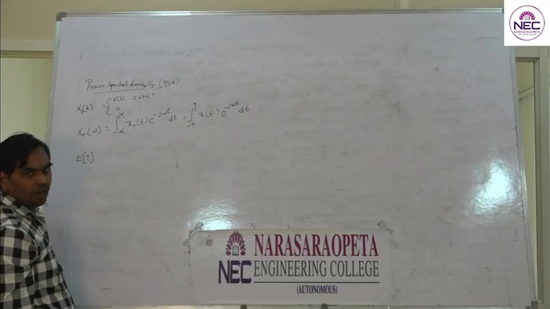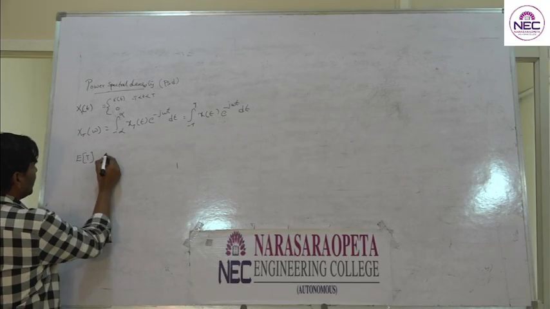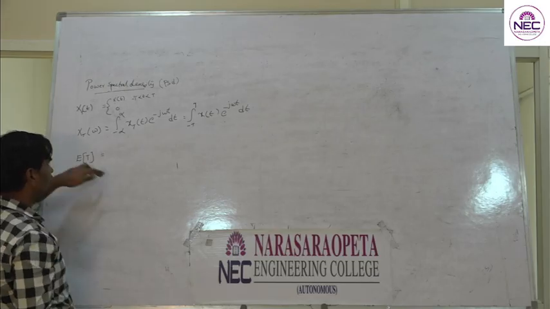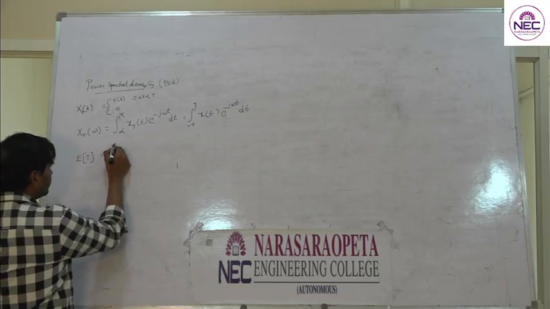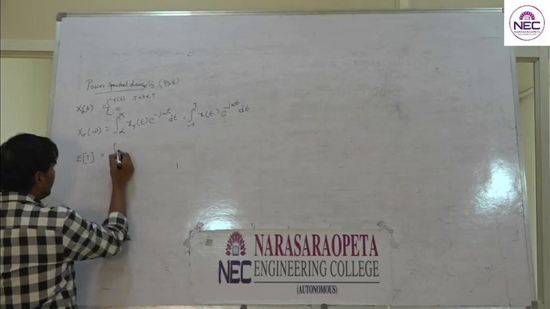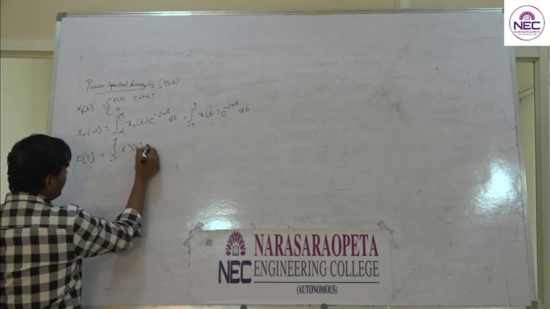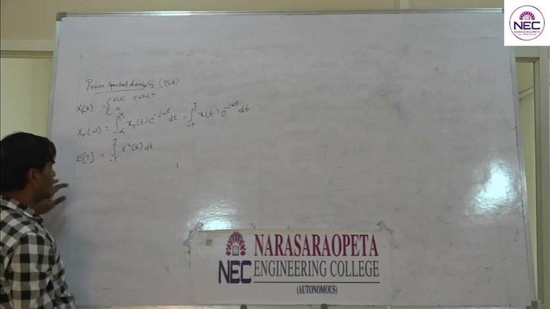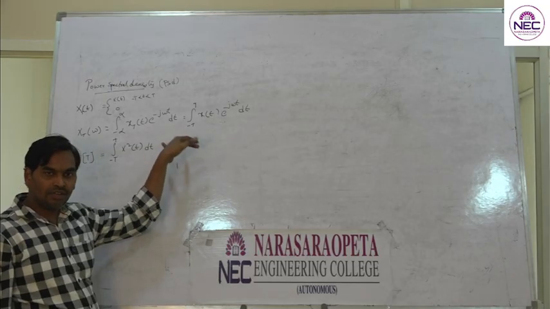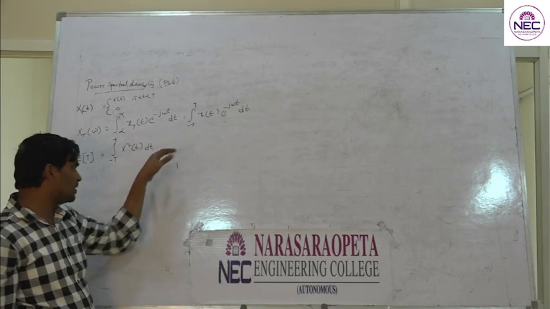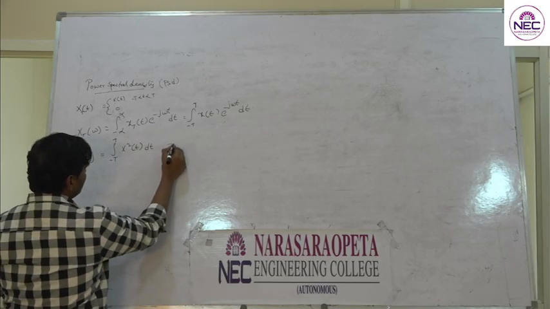So E of t is equal to the integral from minus t to t of x square of t dt. This is the energy signal.